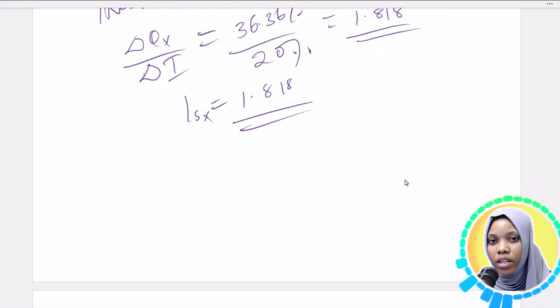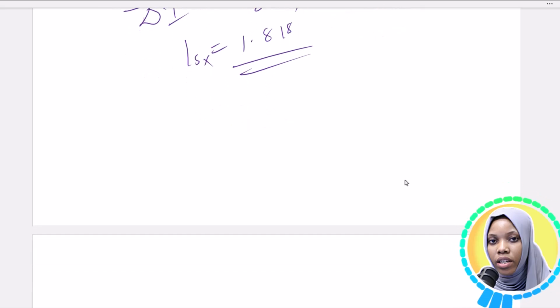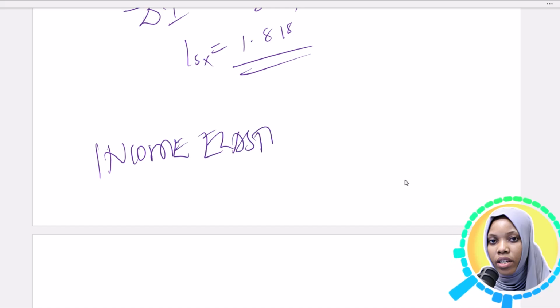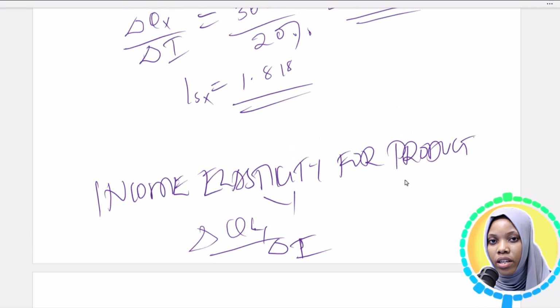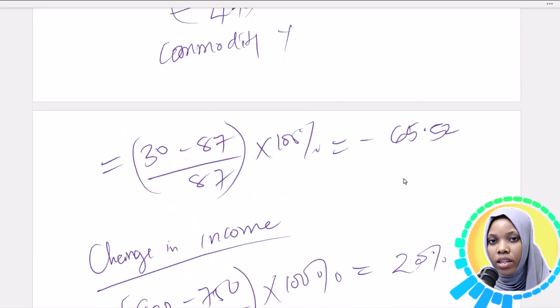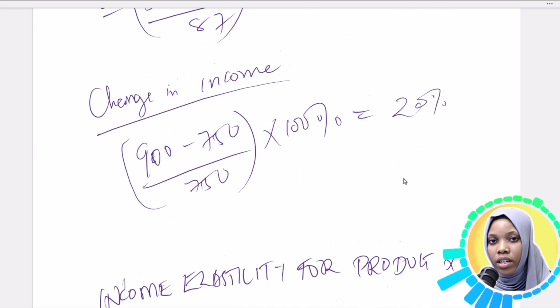Now let's find the income elasticity for commodity Y. Income elasticity for product Y is change in quantity of Y with respect to change in income, which our change here was 65.52%.